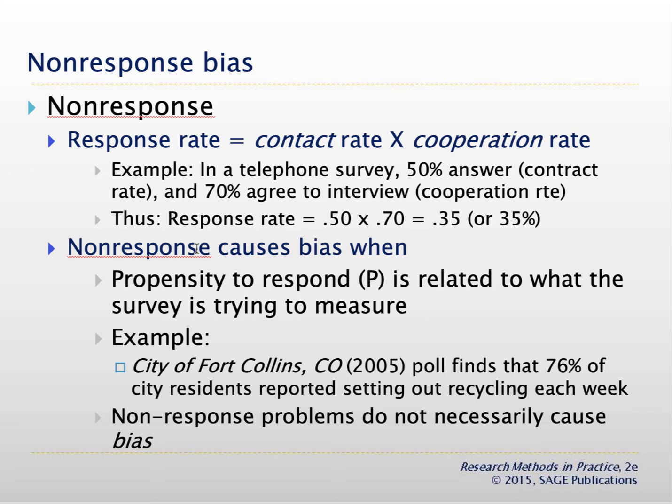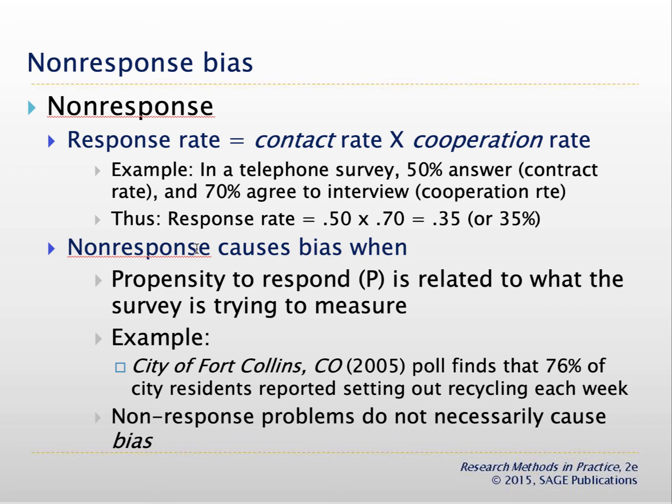But happily, these election polls don't turn out to be completely nonsense just because they only reach 2% of the people, because it's often not biased. Non-response only causes bias when that propensity to respond is related to what you want to measure.